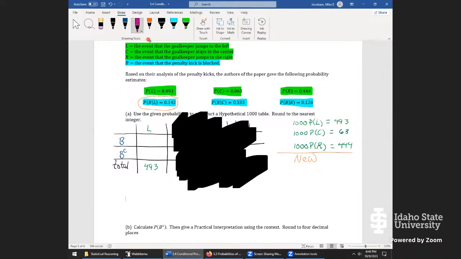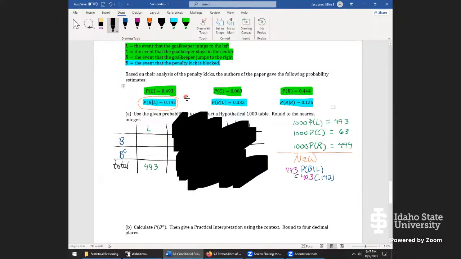We take that 493 and we multiply it against probability of B given L, which means we're just multiplying 493 by 0.142. Let's write that in as a step, just so it's visible. 493 multiplies 0.142.